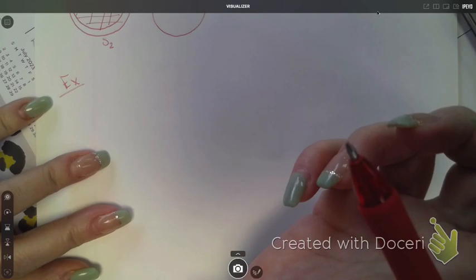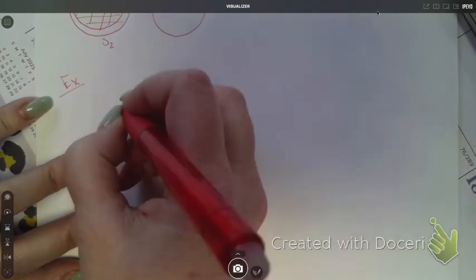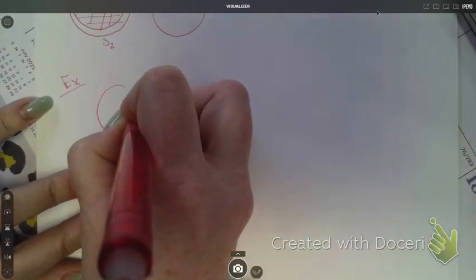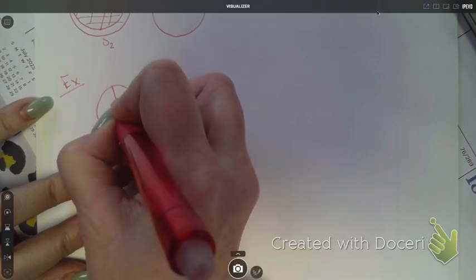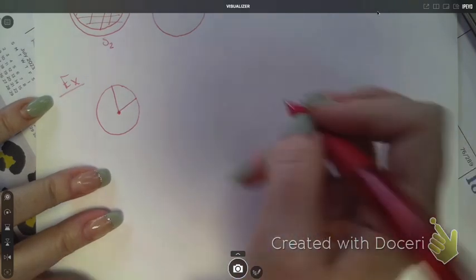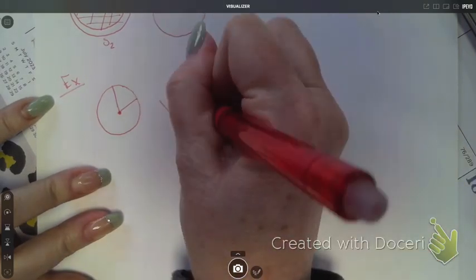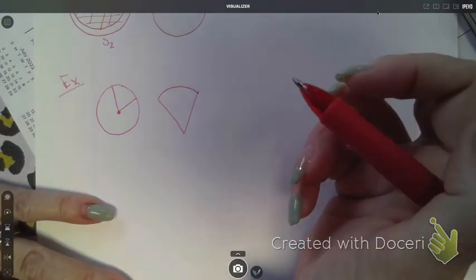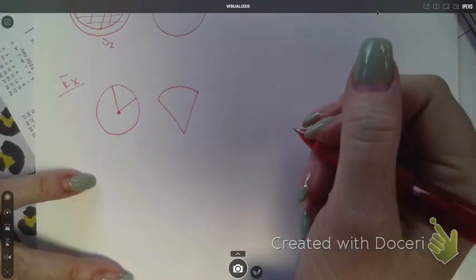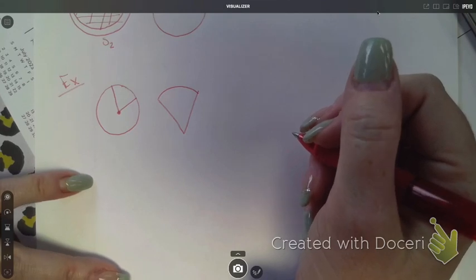What's your picture look like? A circle and a sector. Could have also just done this. Yep, either one.